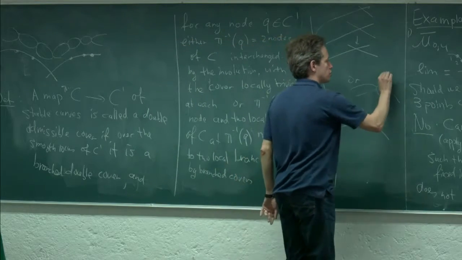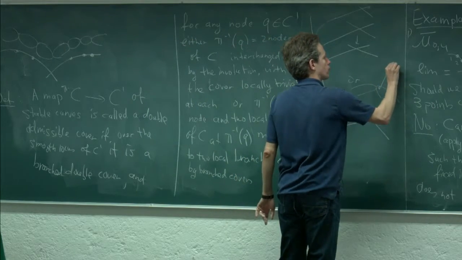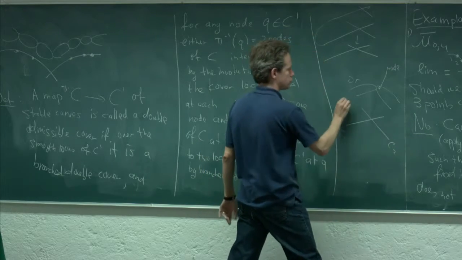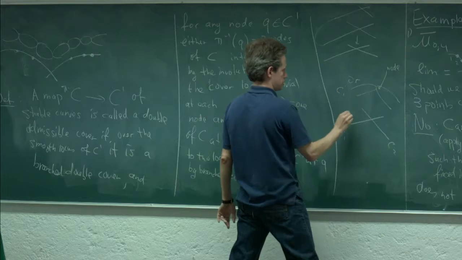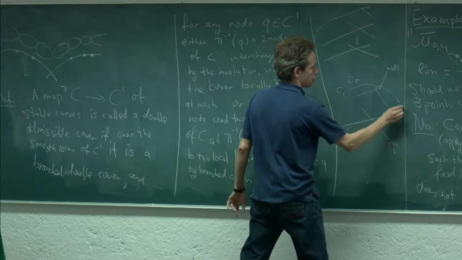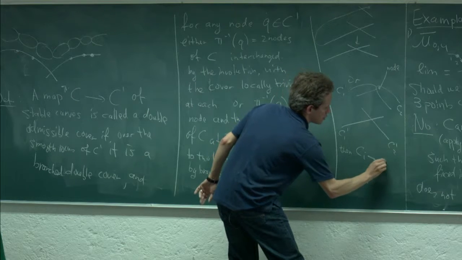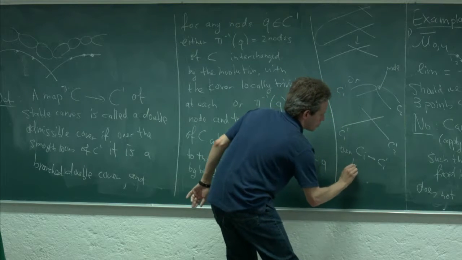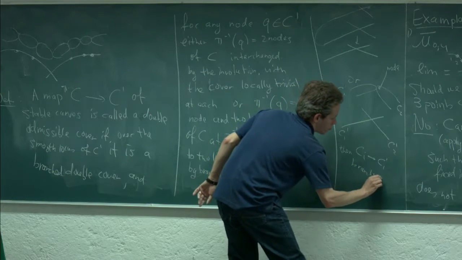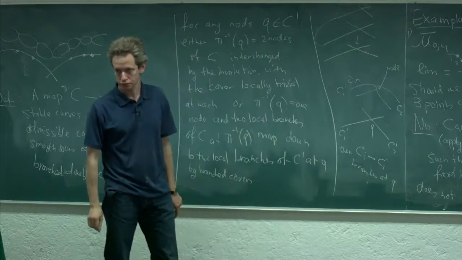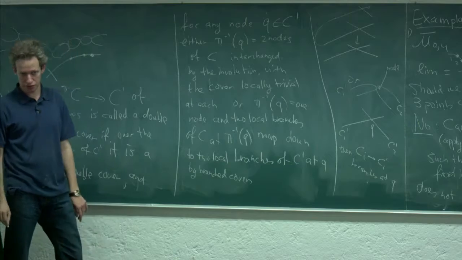This is a node, and if I call these two components C1, C2, and this C1 prime, C2 prime, then Ci to Ci prime branches at Q. Okay? So that's what an admissible double cover is.